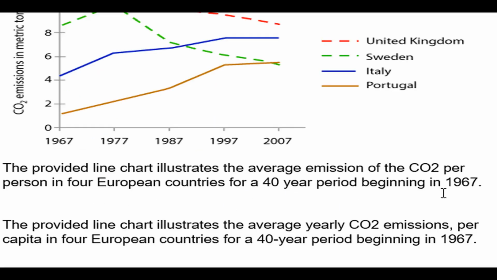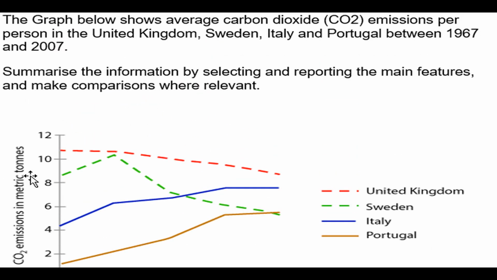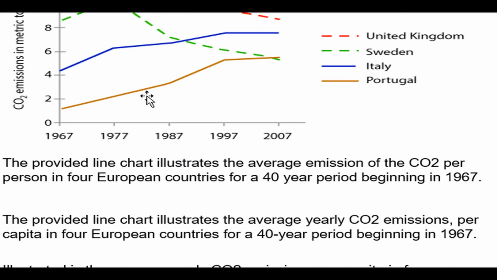I changed this per person to per capita because in our task they already say per person. So let's paraphrase the per person, and that leaves us with per capita. Okay, so emissions of the CO2. By the way, CO2 doesn't need the, we don't need an article for carbon dioxide.